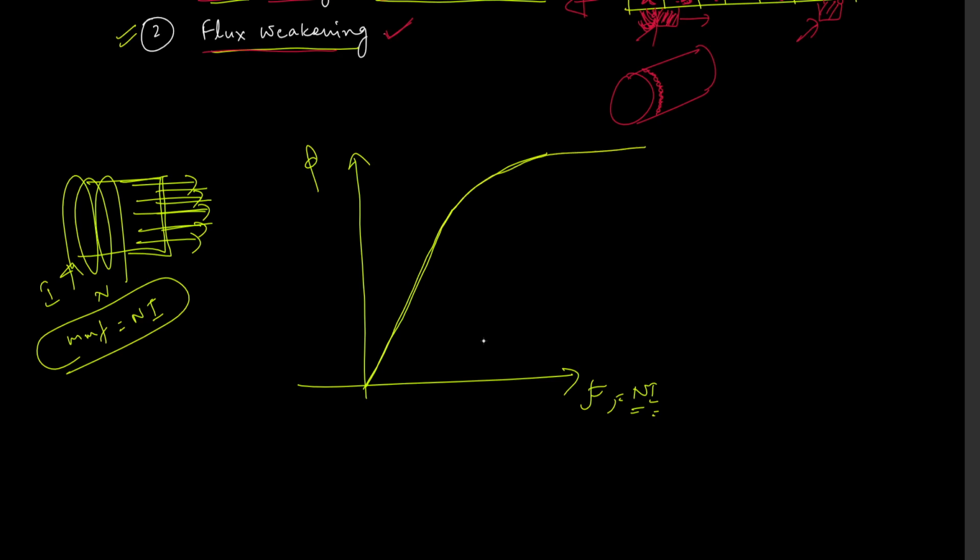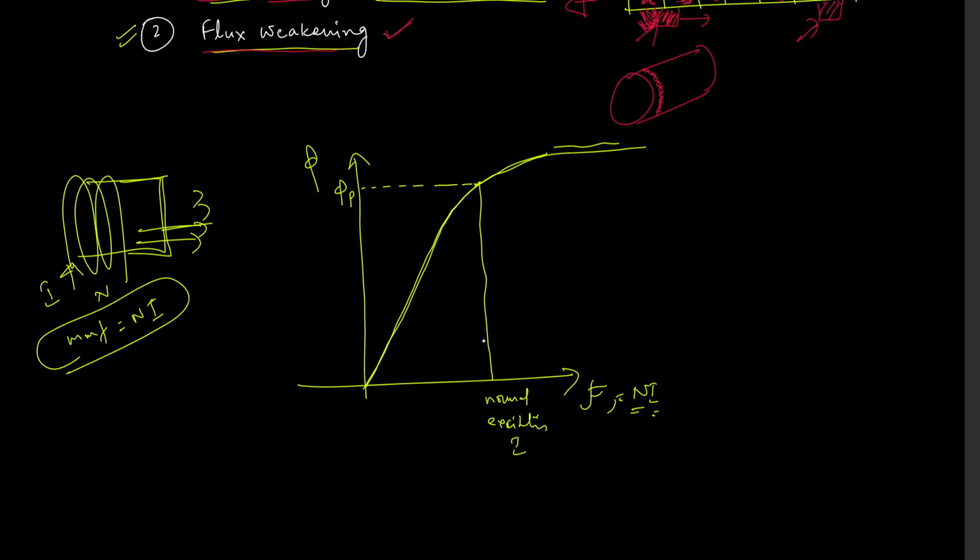We don't operate at these levels, but we try to operate somewhere here, at normal excitation I. So that is the corresponding flux coming out of the pole, right? Now due to armature reaction, what is actually happening?